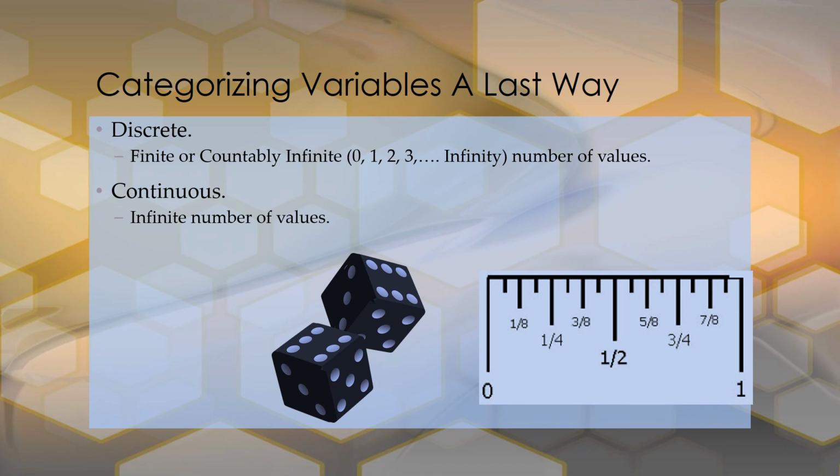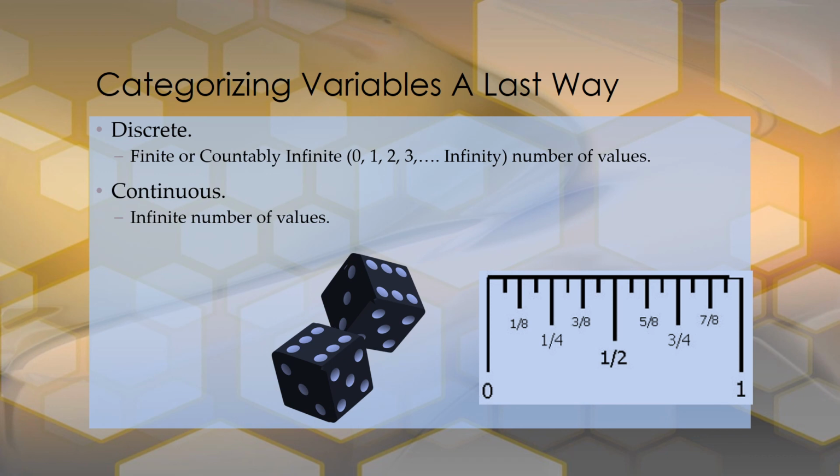And then we have what's called continuous variables, and those are variables that can take on infinite amounts of values. So when you're measuring time, for example, you could say it's 1.2234567 seconds or something like that. And so there's an infinite amount of values it can take on because you can be really, really precise with time if you want to.